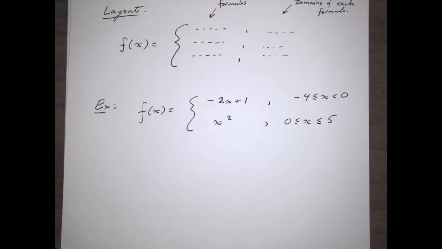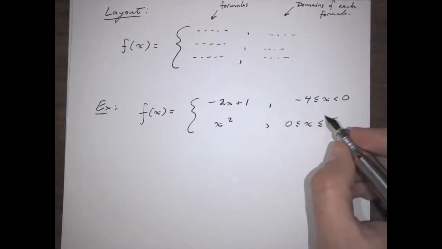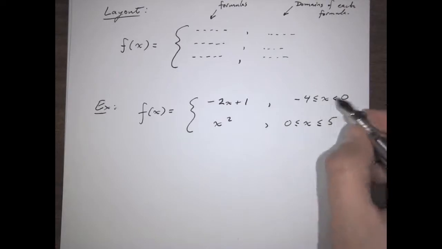So 0 is the point where the function switches over. So what we have are basically two graphs, one before 0 and one after 0 for the x values.